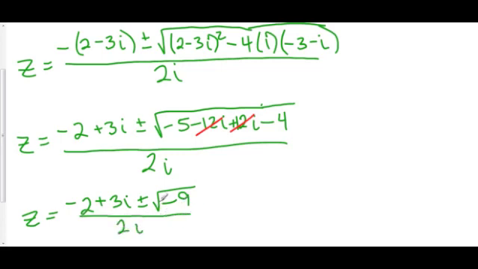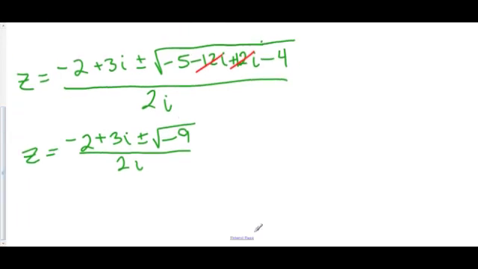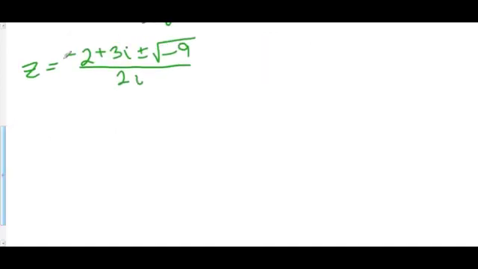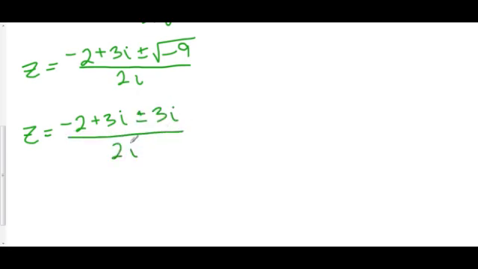Well, the square root of negative 9, that's not so bad to compute. We need an imaginary number in there. That's just 3i. So here we have z is equal to negative 2 plus 3i plus or minus 3i all over 2i. All right?